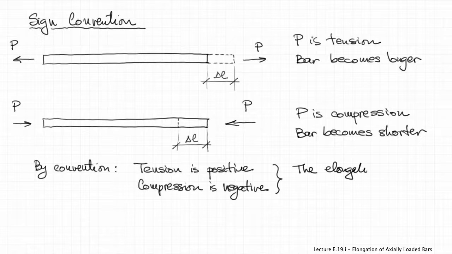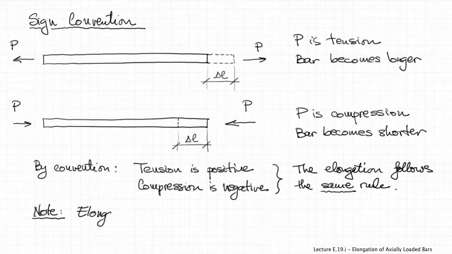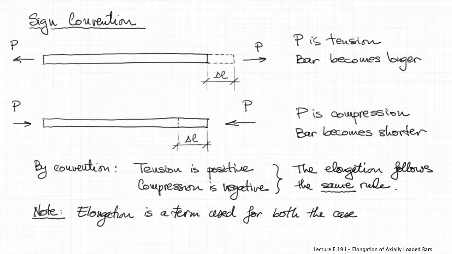And the same sign convention applies to the elongation as well. Which means that the elongation when the bar becomes longer is a positive elongation, and the elongation when the bar becomes shorter is negative.